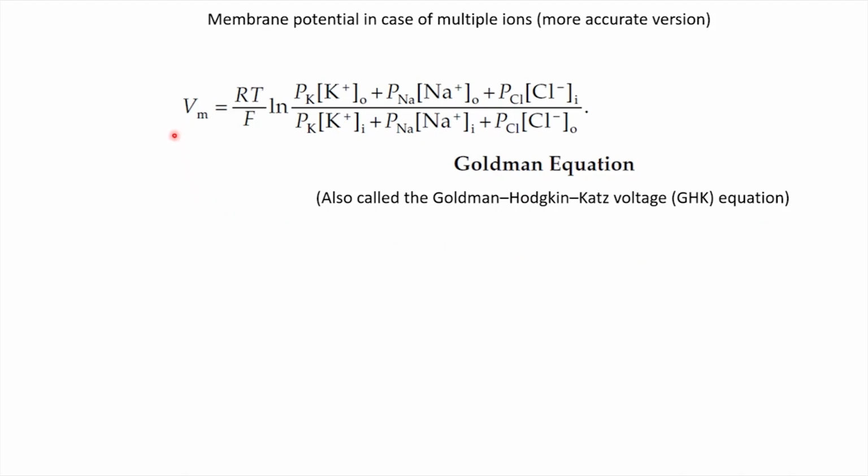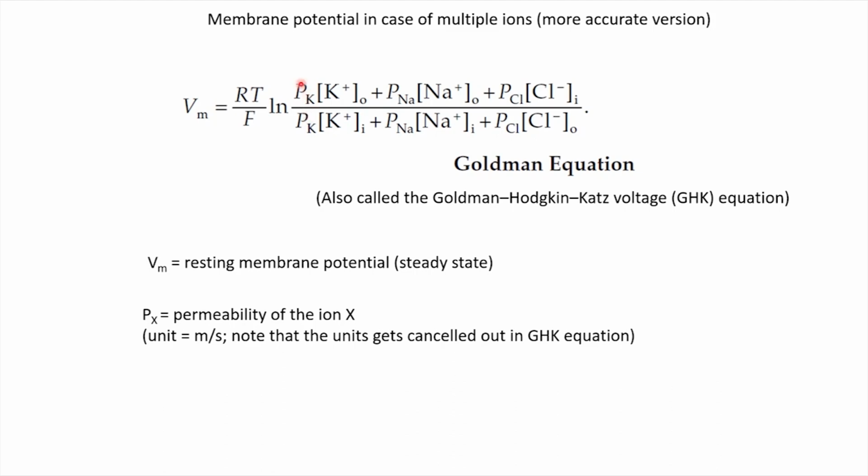This equation says that the resting membrane potential is equal to RT over F natural log, and then this term where Pk is the permeability of potassium ion, and K+ outside is the outside concentration of potassium, K+ inside is the inside concentration of potassium, PNa is the permeability of sodium, and so on. So this is the value of membrane potential that will be finally achieved in the presence of all these ions.